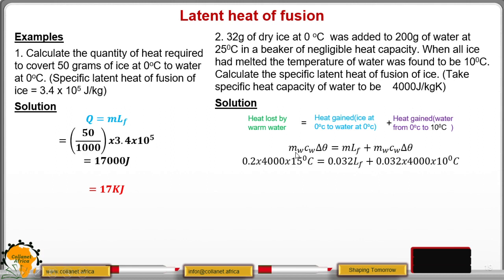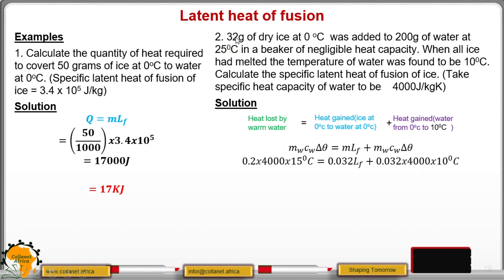Now, the mass of water is 200 grams. You convert that into kg, you get 0.2. Then the specific heat capacity of water is given as 4,000, multiplied by the change in temperature. Remember, this was at 25 degrees and now the final is at 10. Therefore, it has lost some heat energy. So the change in temperature will be 25 minus 10, you get 15 degrees Celsius.